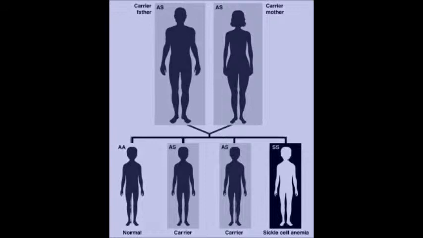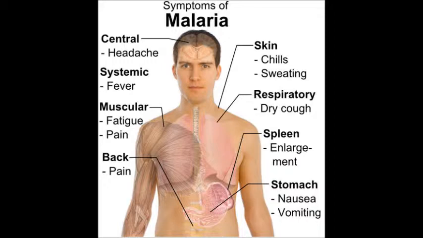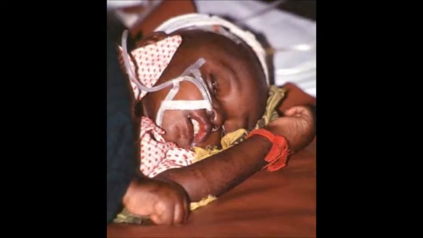We'll notice that 50% of their offspring, statistically, are likely to be carriers for sickle cell. So they will be resistant to malaria, and that's good. But at the same time, it means that 25% of their offspring are likely to have normal hemoglobin. Those people are likely to get malaria, and they are likely to be far less successful in reproducing if they survive at all.